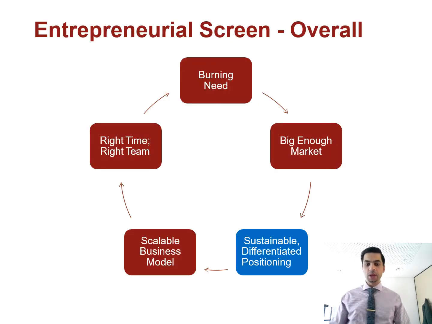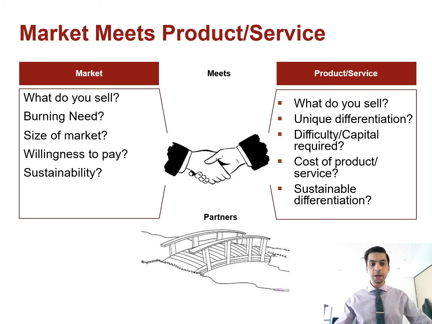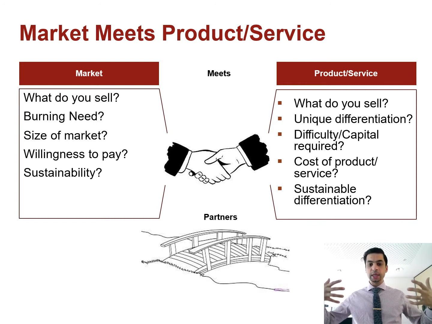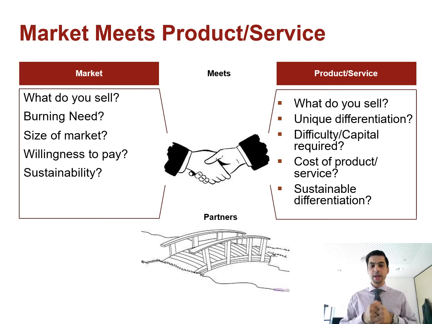We'll move on to the next element, which is sustainable positioning. Here, your market and your product or service are meeting together, and you can refer to this as the customers being your partners. So the customers that are in the market become your partners, and you're meeting directly with them.